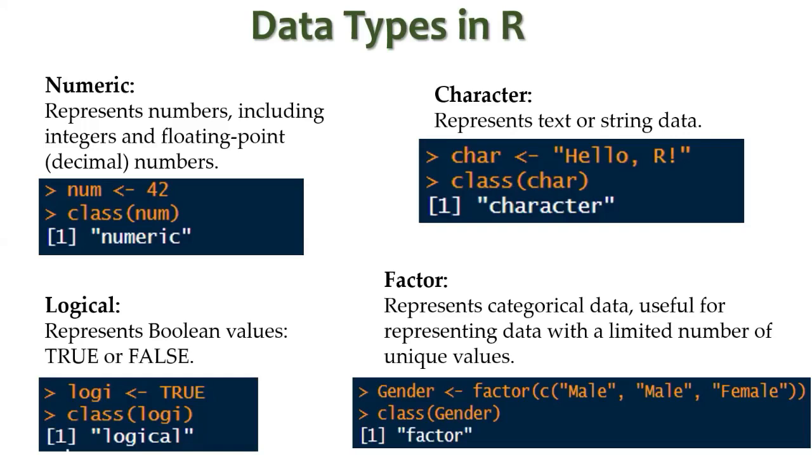If you just do male, female, R will recognize it as a character because you have just enclosed them in quotation marks. But if you add the factor function, R will recognize them as categories. So it will know that male is a certain category and female is also a certain category.